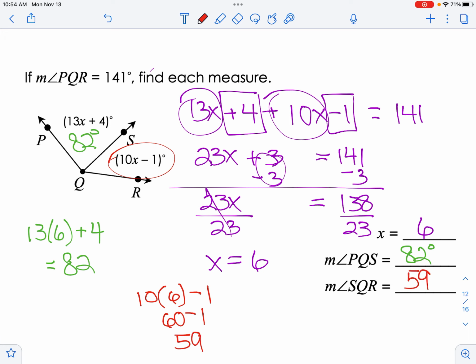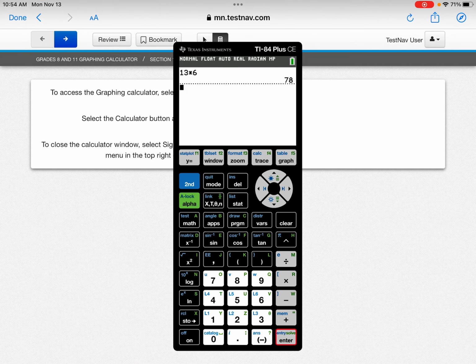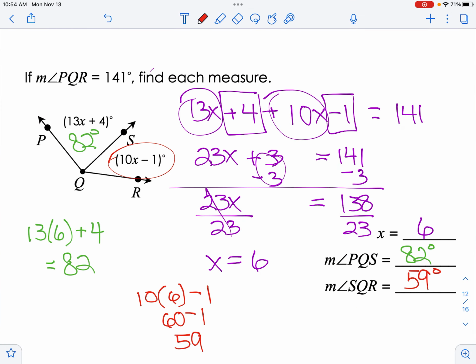Remember, these two together, 82 plus 59, is supposed to equal 141. So let's double check that we got it right. 82 plus 59 is 141. Okay, we're in good shape then.